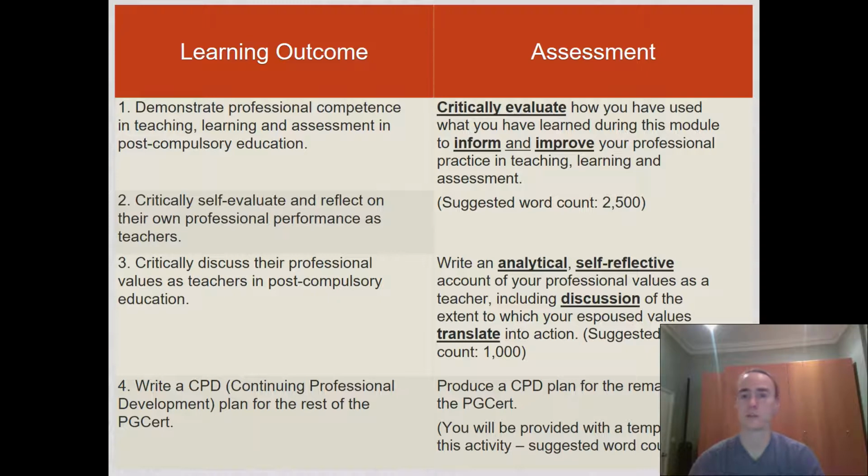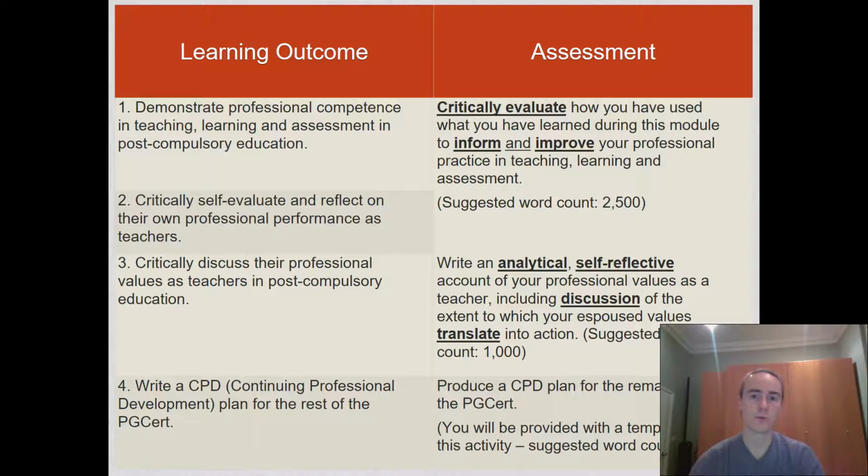Yep, that's in one of the outcomes, but if we look at the assessment brief, critically evaluating, so forming a value judgment based on deep, thoughtful consideration of different perspectives. But it's evaluating how you've used what you've learned during the module to both inform and improve your professional practice.